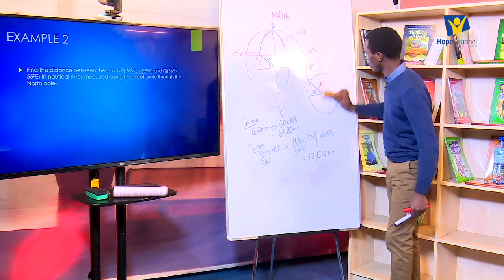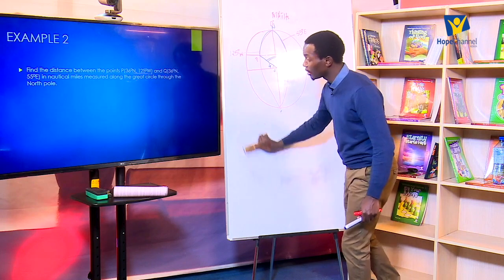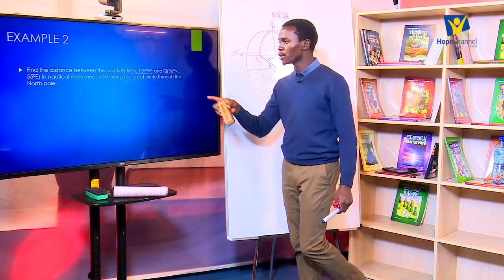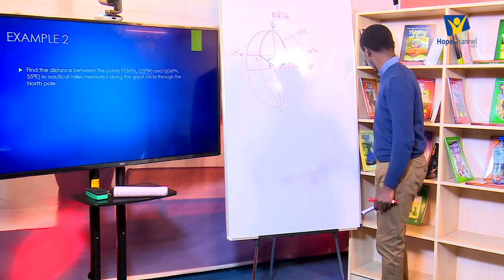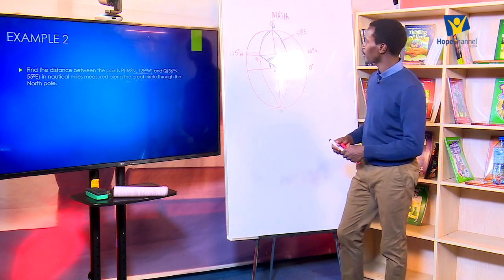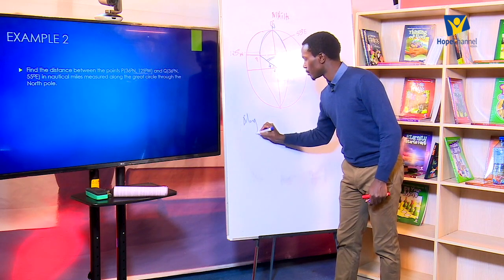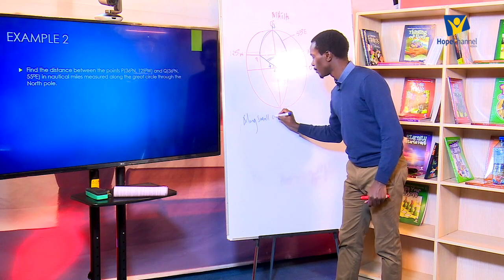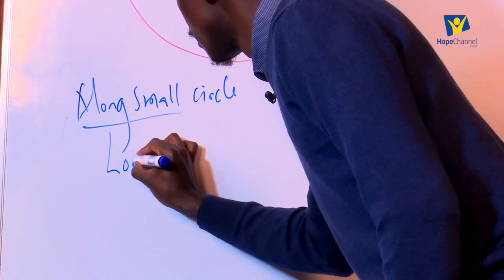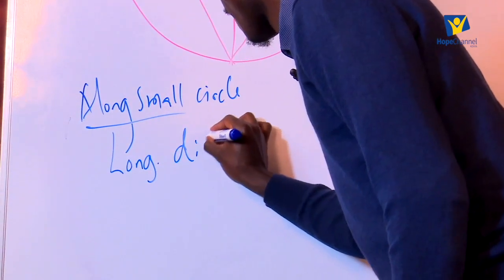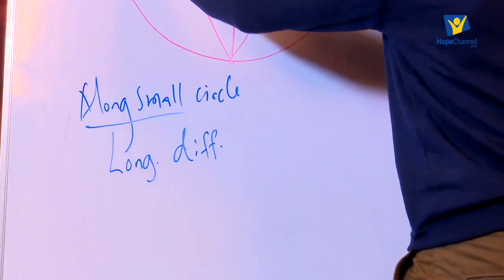But if it was along the small circle, that is, if the question read that find the distance between them in nautical miles along a small circle, without the condition that we had initially, first thing is get the longitude difference. Now, what is the longitude difference between P and Q?